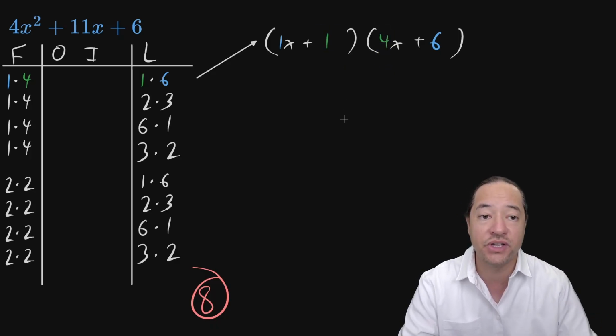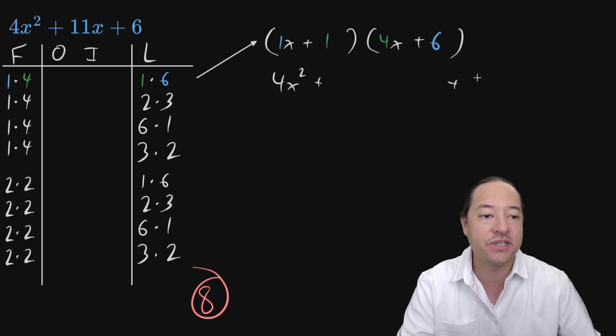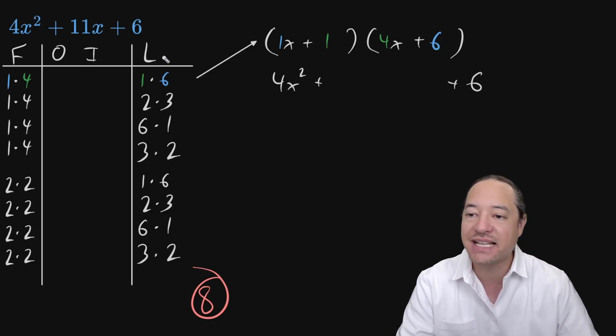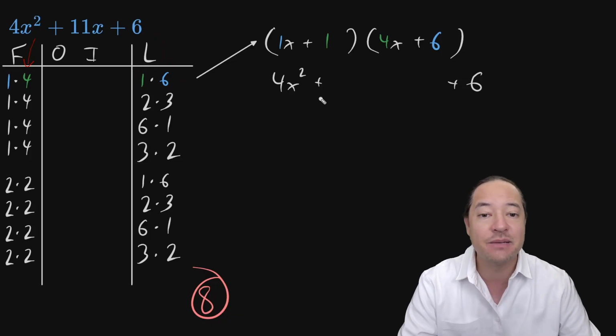When we foil this, first times first is going to be 4x squared. Last times last is going to give us a 6. We're guaranteed to always get that because that's how we got these numbers to begin with, right? These are going to be the factors of 6 and these are going to be the factors of 4. So we're always going to get those. But it's the middle term that's important. Okay, so here we do outer times outer.